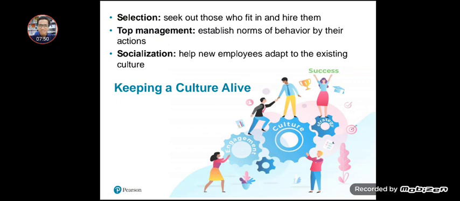The second way is to establish norms. Top management establishes norms of behavior by how they act. And finally, socialization into the culture assists new employees to adapt to the way things are done.